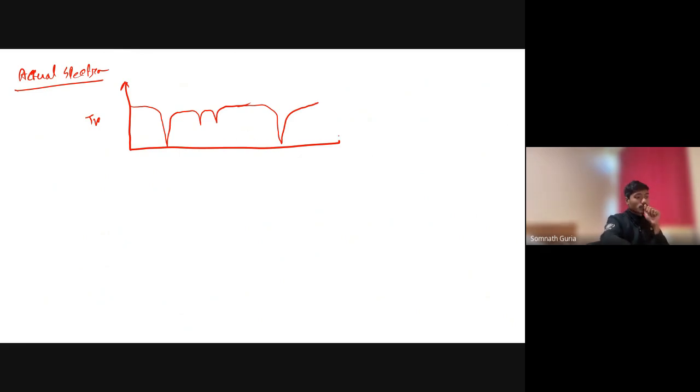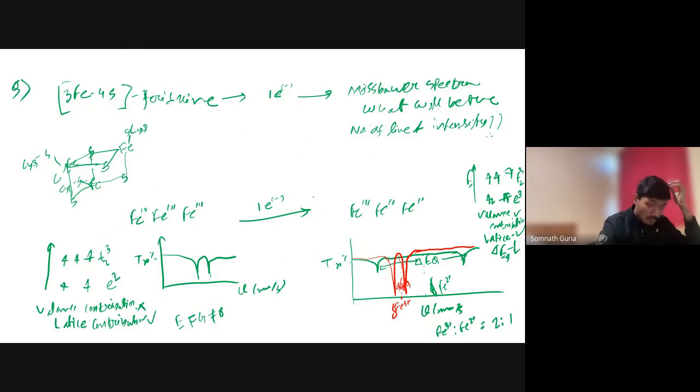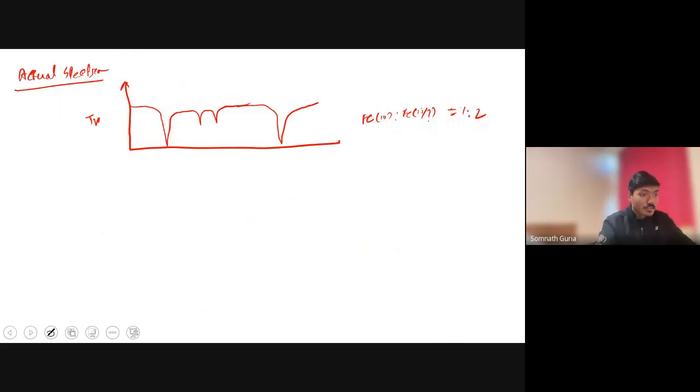Okay, so here the ratio we are finding, Fe3 to Fe2, will be 1:2, but it's supposed to be the reverse, like this. But we get this line.